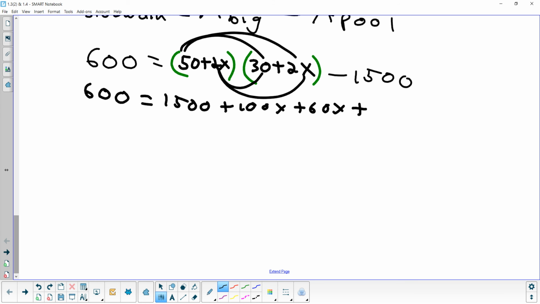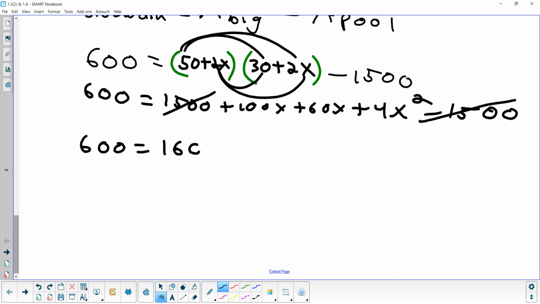And 2x times 2x is 4x squared. I have a 1500 and a minus 1500. So those cancel out. And I can combine like terms. So I have 600 equals 160x plus 4x squared.